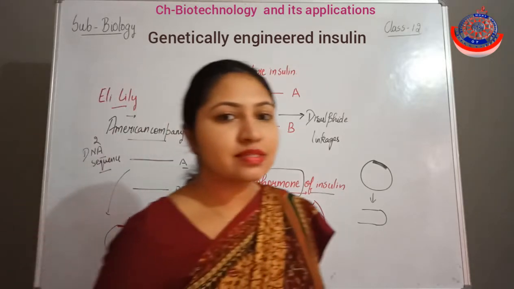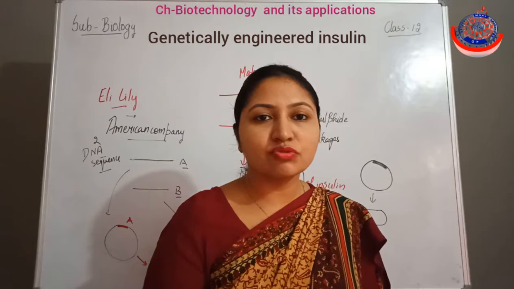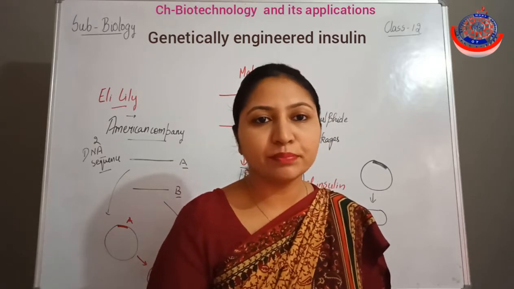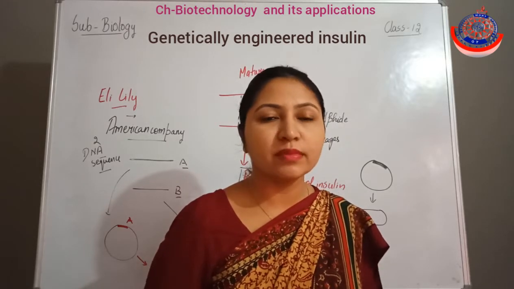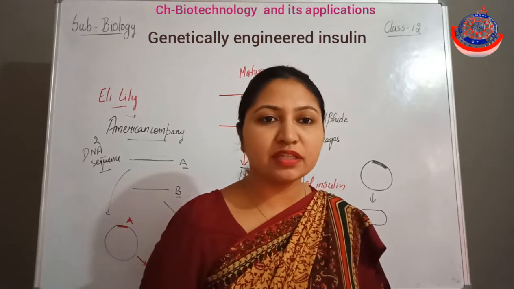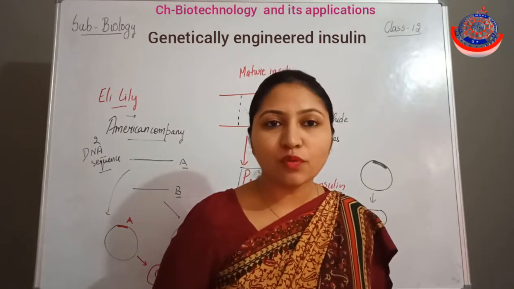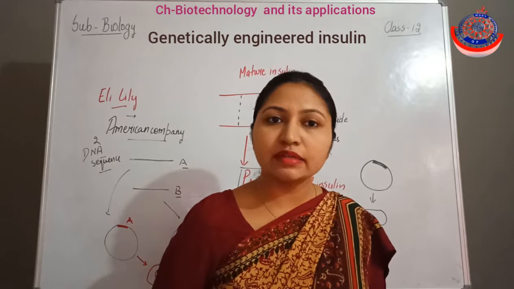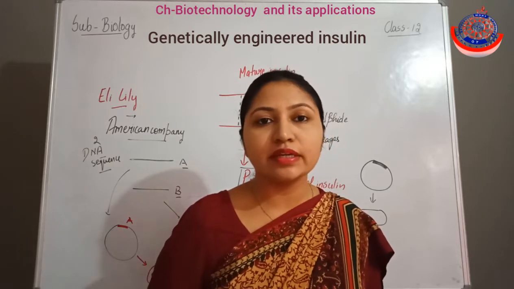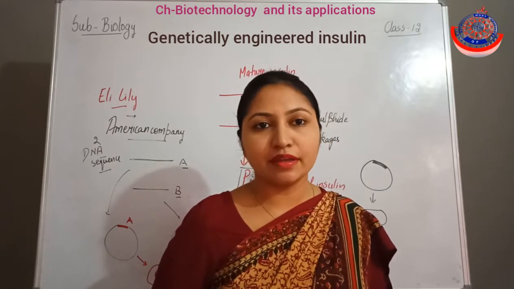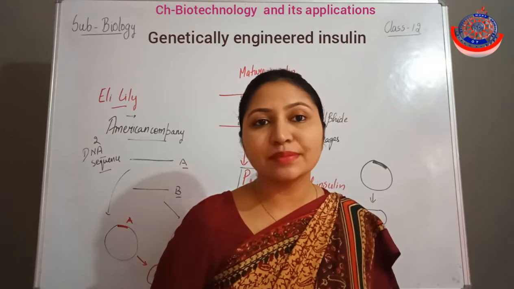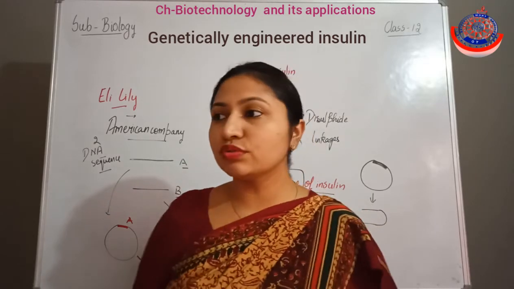In this manner insulin can be produced in the mature form, that is A and B chain only. But if we want the prohormone, we can directly insert the insulin gene into the rDNA. If we want the mature form, then we can use this method.